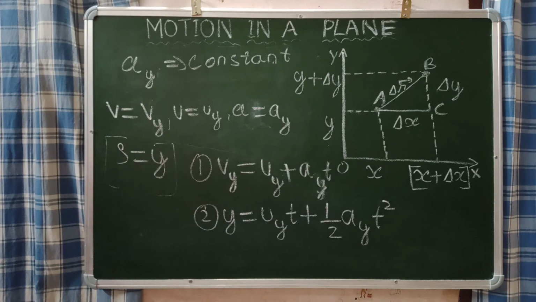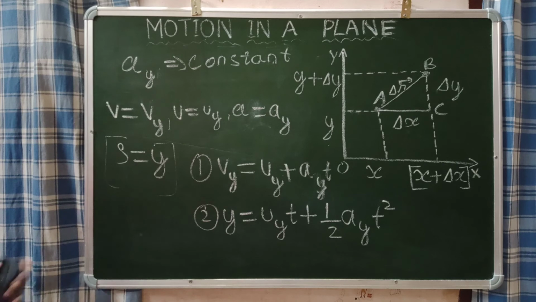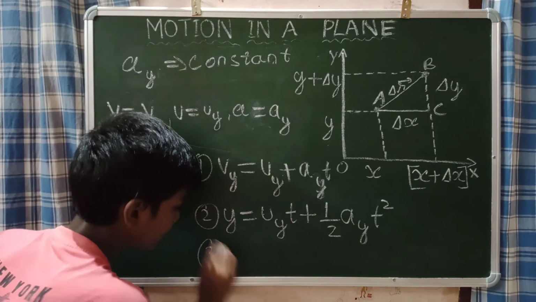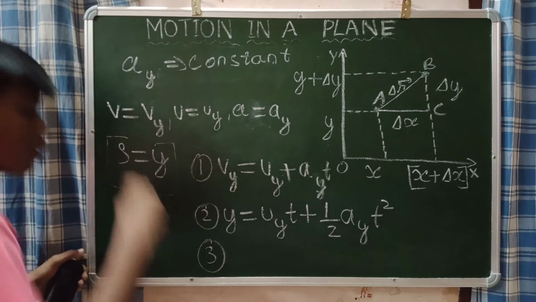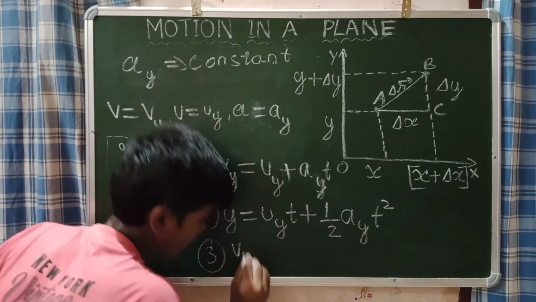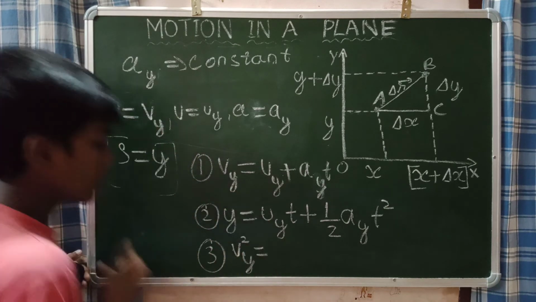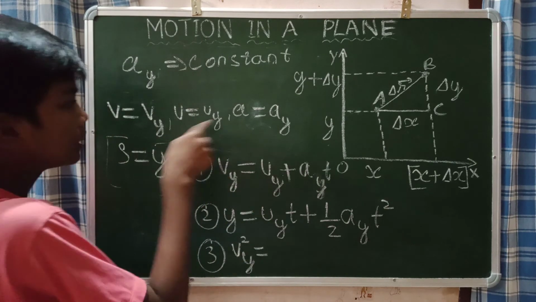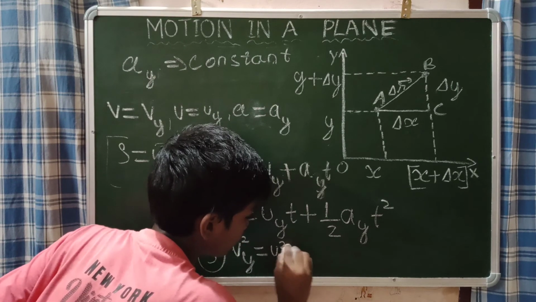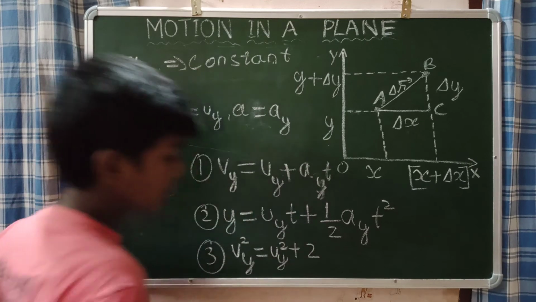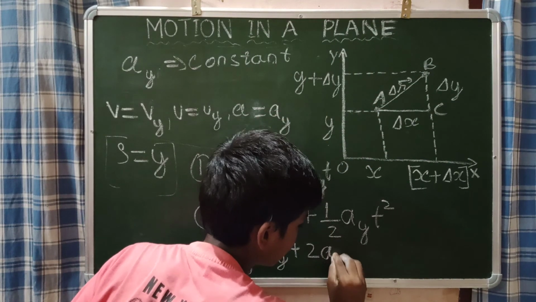Okay, now what will be the third equation, guys? I will write it below itself. The third equation is v square is equal to u square plus 2as. So what is the velocity based on the y component? That is v of y square. Because in v square, the velocity is v of y. In u square, u is the y component of initial velocity, so u of y square, plus 2 into the acceleration, which is a of y, the y component of acceleration.